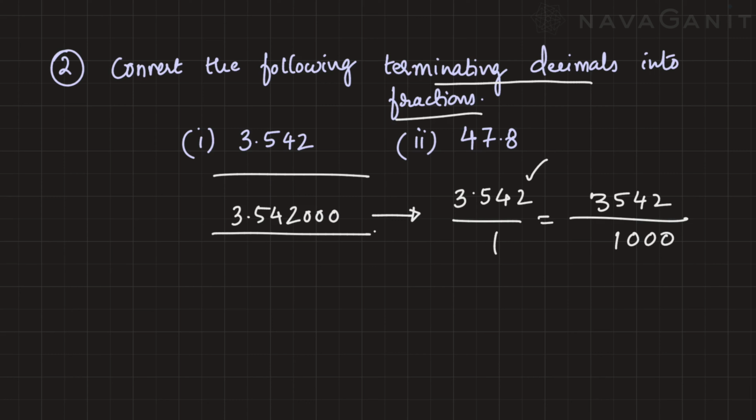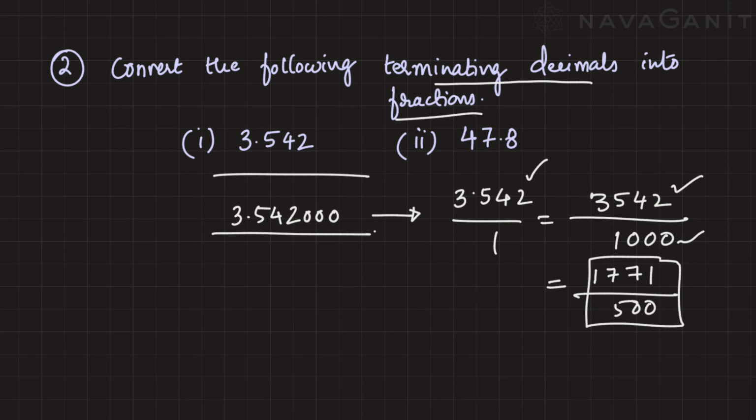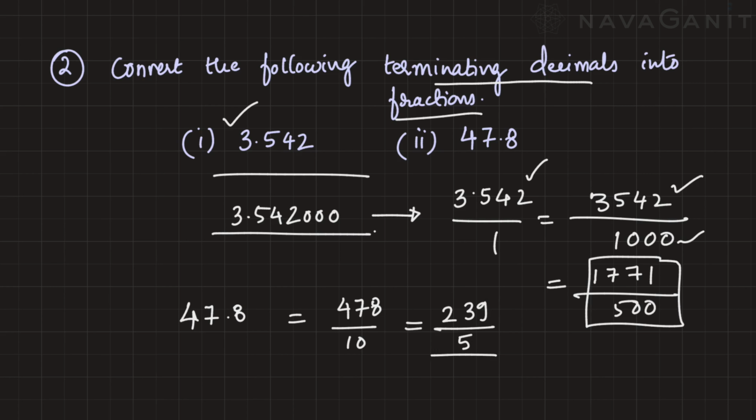I'll end up getting 3542 upon 1000, and this now I can simplify as 1771 upon 500. So this is the first fraction for 3.542. Next, coming to 47.8, this I can write it as 478 upon 10, which I can simplify as 239 upon 5.